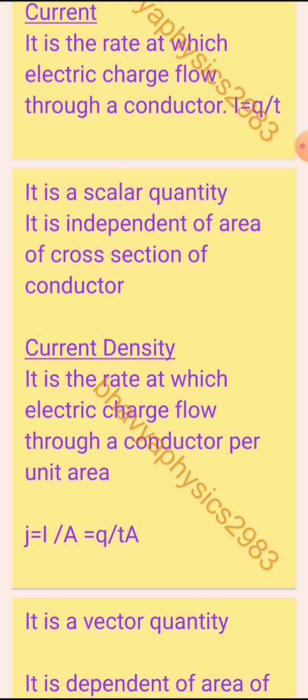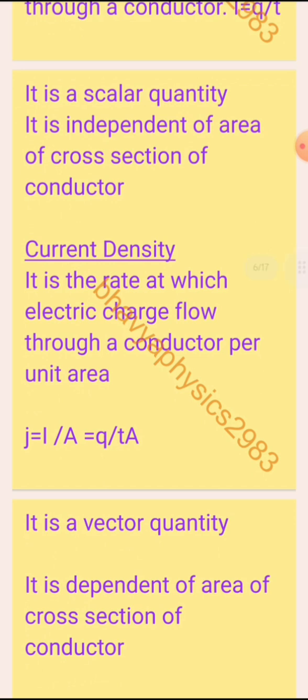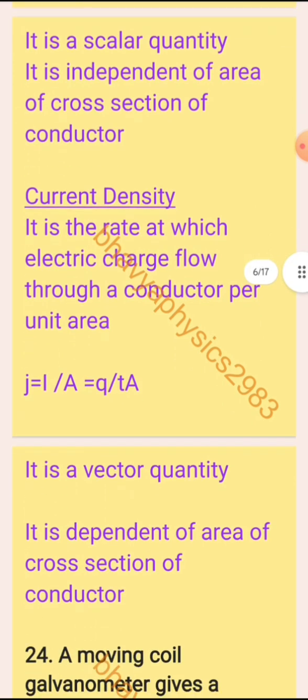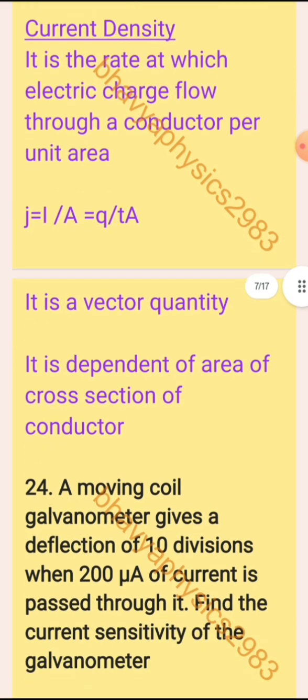Okay, so I by A or Q by T by A. So second point here we have written it is scalar quantity, whereas current density is vector quantity. And third point is current density depends on the area of cross section of the conductor. Okay, please note down this. So this is one of the important questions.